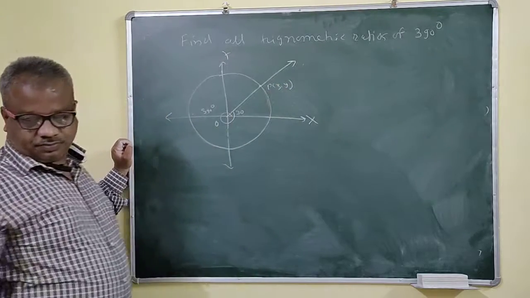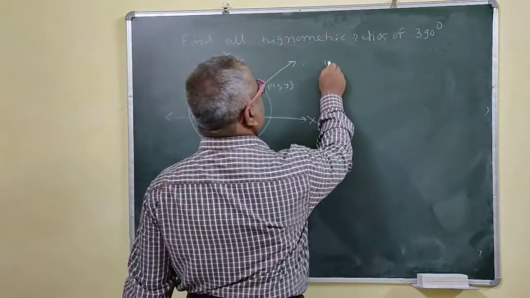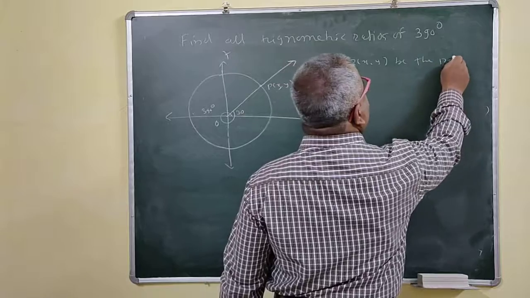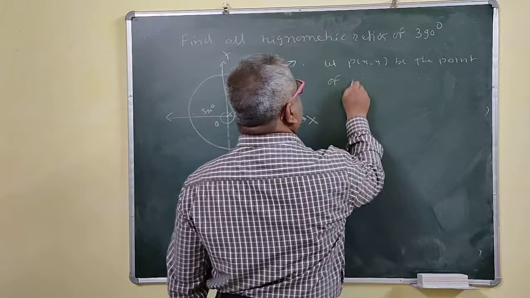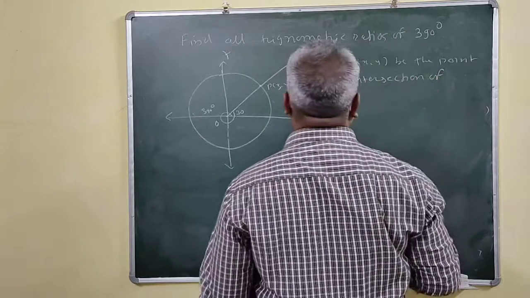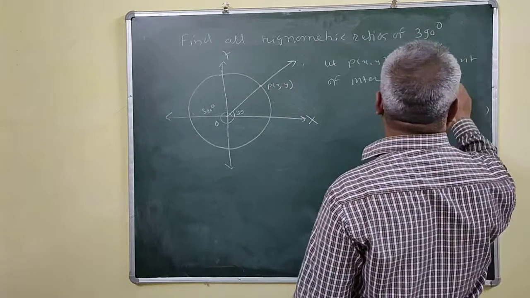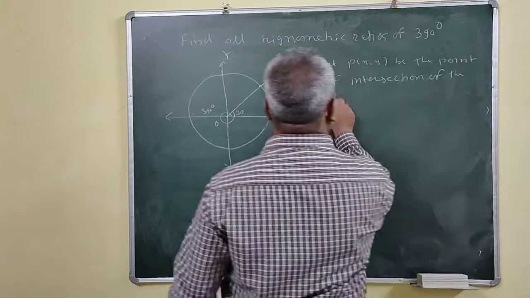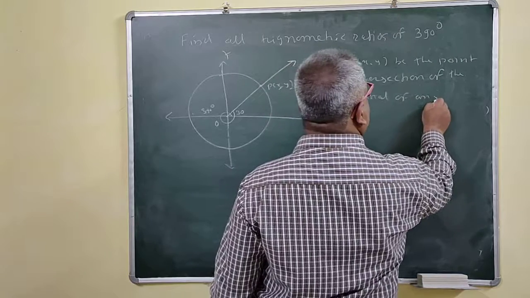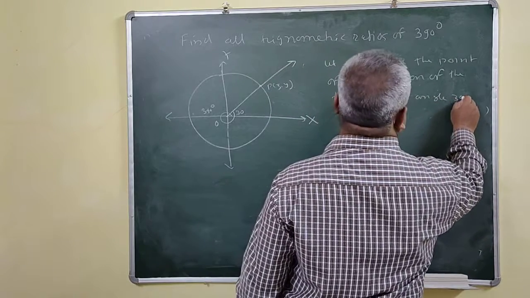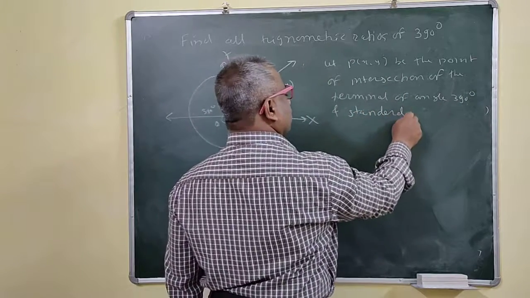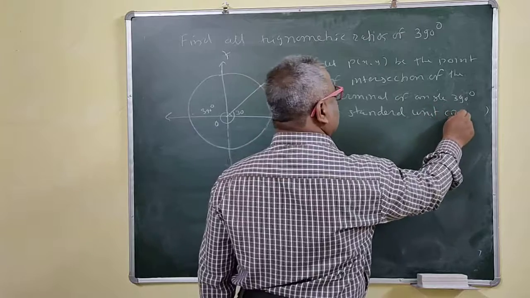Right? So this is your P(x, y). Okay, so let P(x, y) be the point of intersection of the terminal arm of angle 390 degree and the standard unit circle.